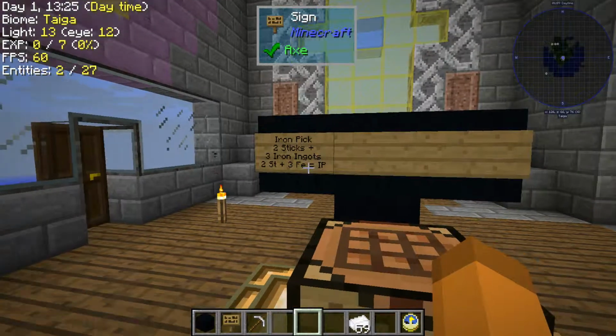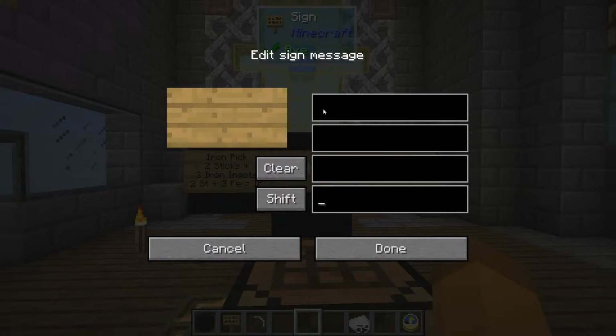And that equal sign is a little different from the notion of a reaction. So let's write this again. Iron pick is 2 sticks plus 3 planks. We could write this as a chemical formula if we imagine that the planks and sticks are atoms of elements. They're not, but we can imagine they're kind of like that.